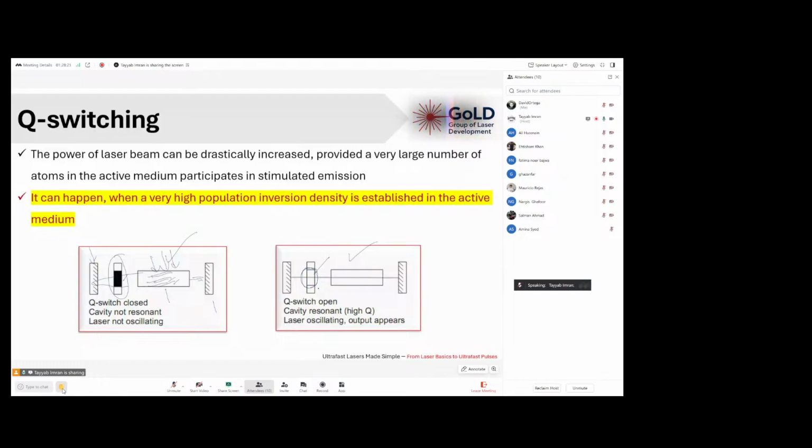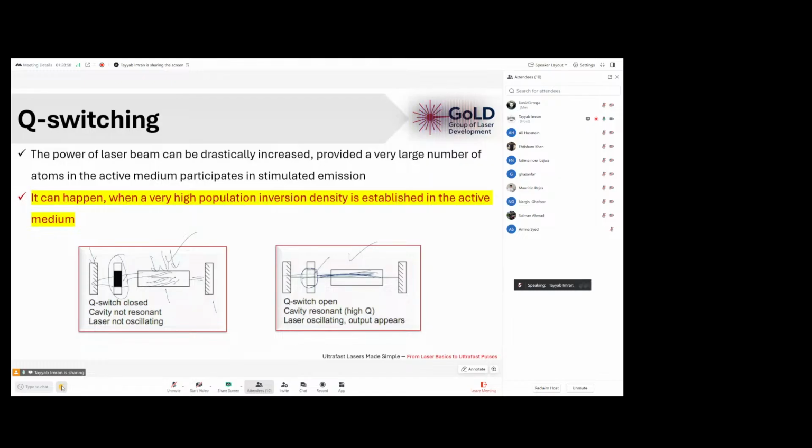When we open it, we get huge peak power, a giant pulse. When we open, the laser starts oscillating and we get the output.